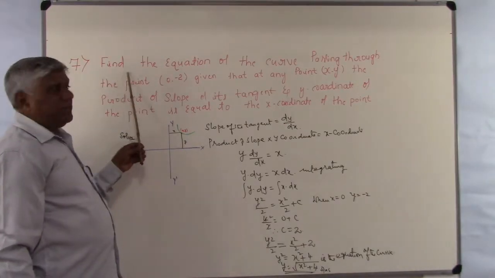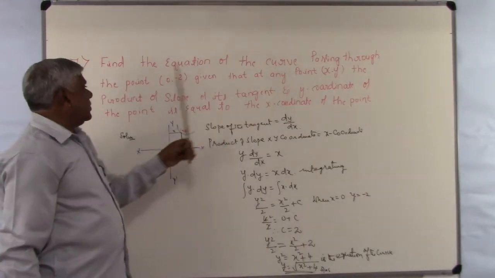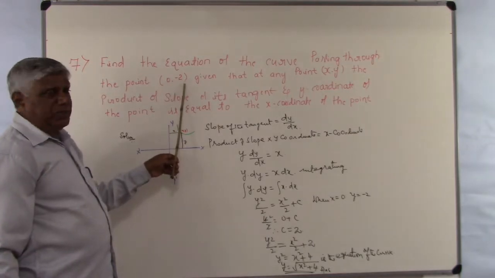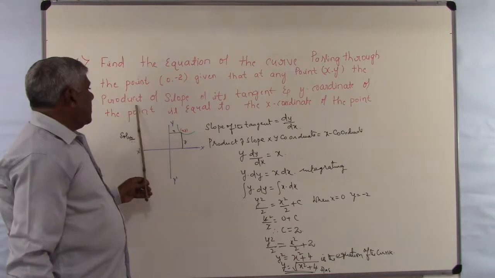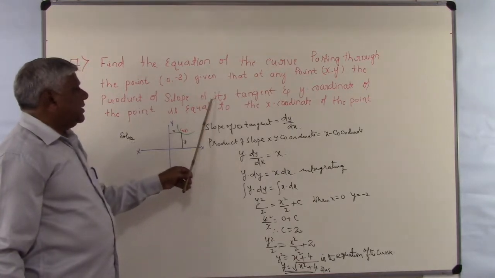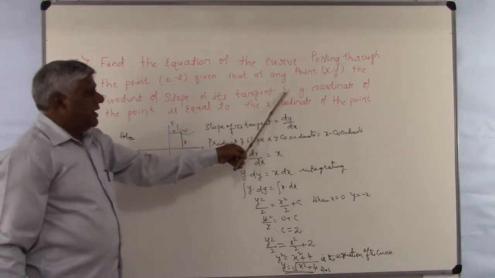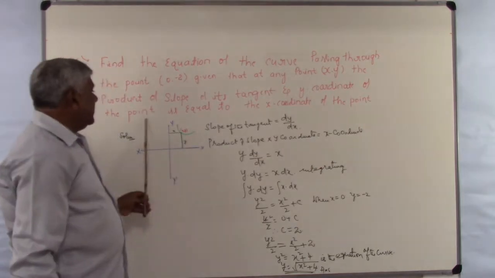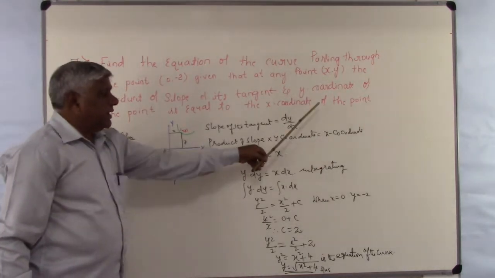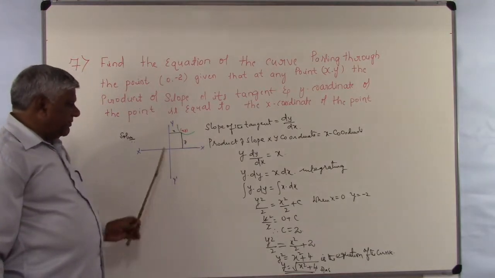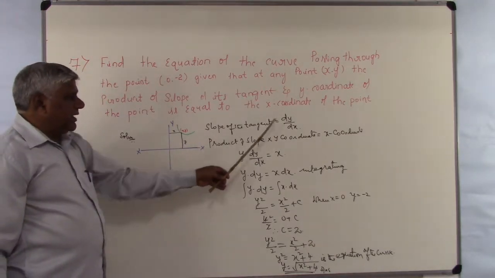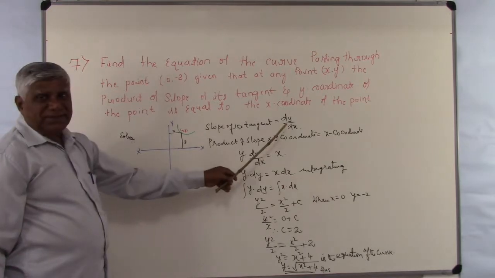Now, find the equation of the curve passing through the point 0, minus 2, given that at any point x, y, the product of the slope of its tangent and the y coordinate of the point is equal to the x coordinate of the point. See here, you can see this figure. The slope of the tangent is dy by dx.